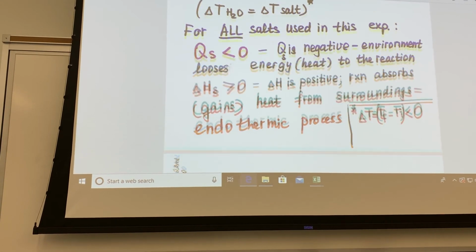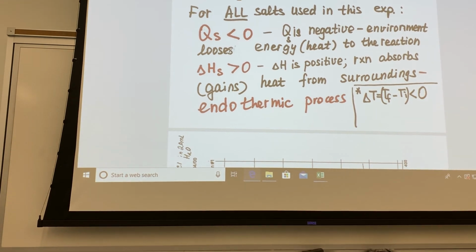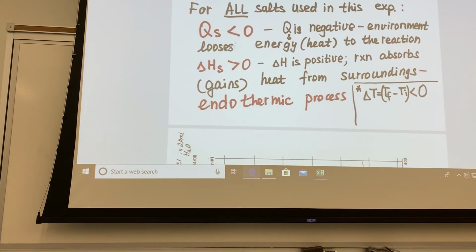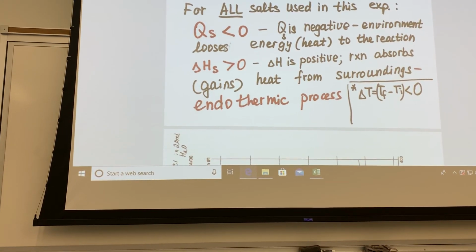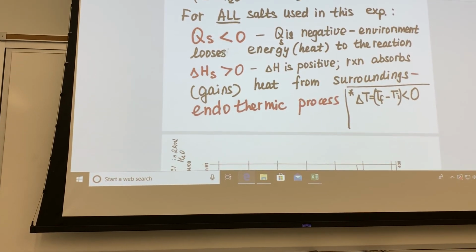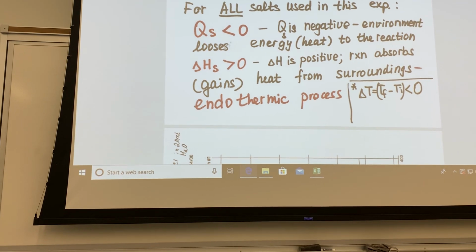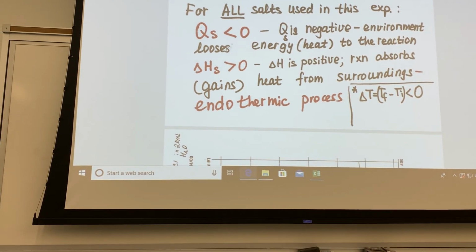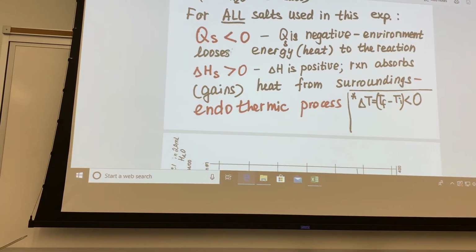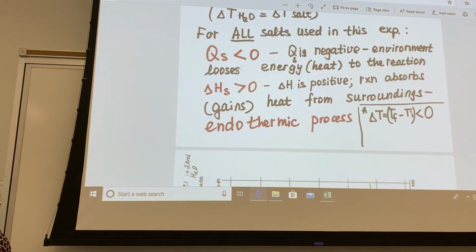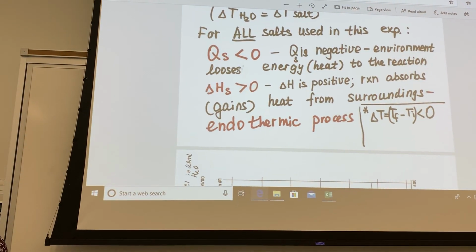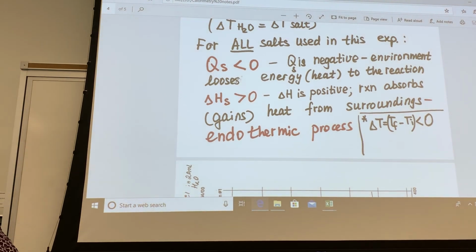There are salts that may dissolve exo- or endothermically. I picked for this particular experiment salts that would dissolve endothermically. When you use a simulator, you will see there are only 2 salts on the list that is provided in the simulator. There's lithium chloride and ammonium nitrate.